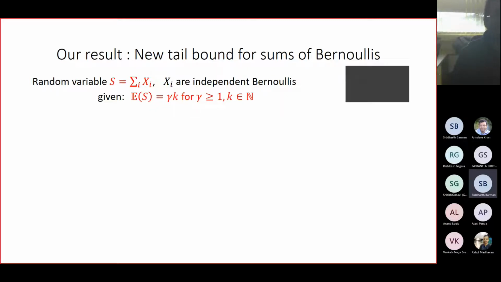So expectation is definitely at least k. How much more than k depends on gamma. And now my question is, what is the best upper bound we can get on the probability that S is strictly less than k, that is, S is at most k minus 1, as a function of gamma? You want an upper bound which is independent of k and depends only on gamma.